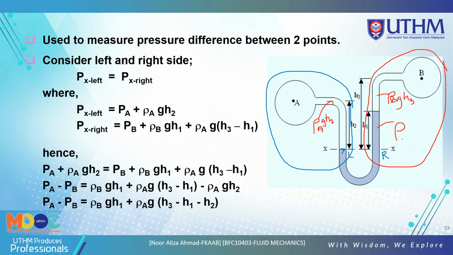So we make it PA. Maybe the same. So this is PA, and this is PB, the density of this B, and this is the density of this area. So maybe we call it PC, the density of this fluid, rho C g times H3 minus H1. So you just correct this one as PC, because we don't know the fluid here.